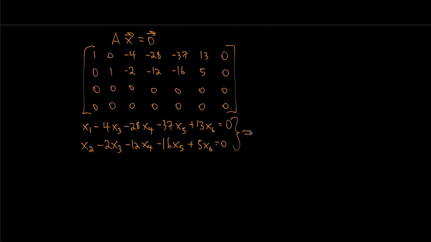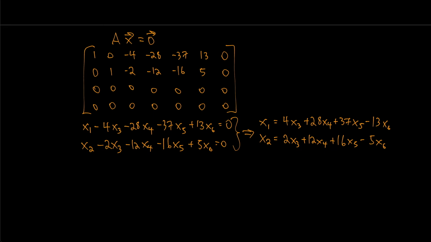Okay, so that means that we can solve for x1 and see that x1 is equal to 4x3 plus 28x4 plus 37x5 minus 13x6, and x2 is equal to 2x3 plus 12x4 plus 16x5 minus 5x6.